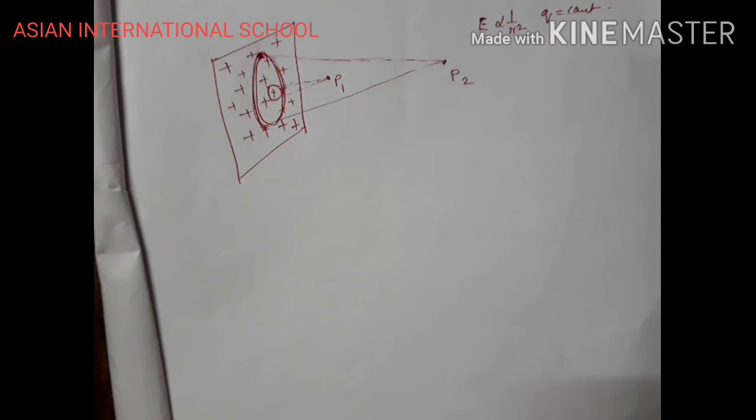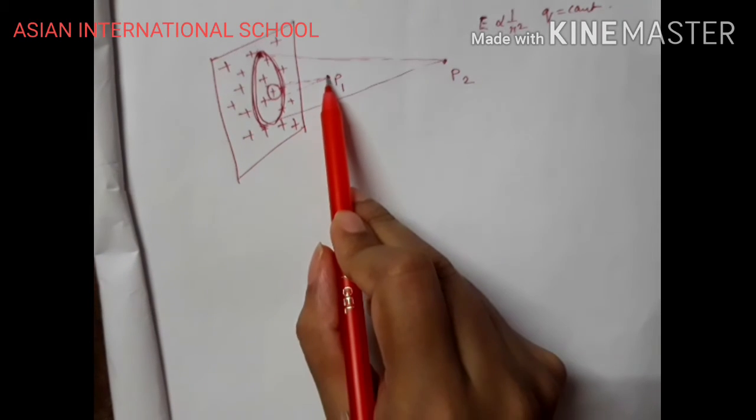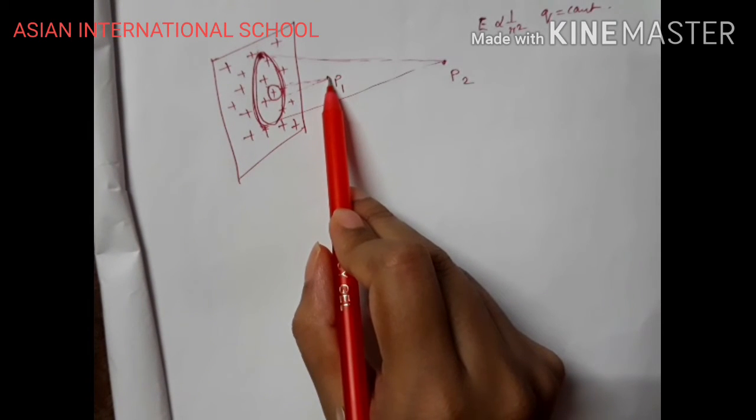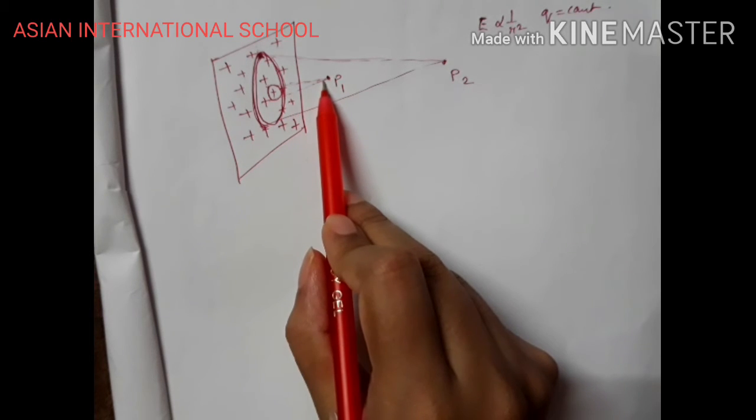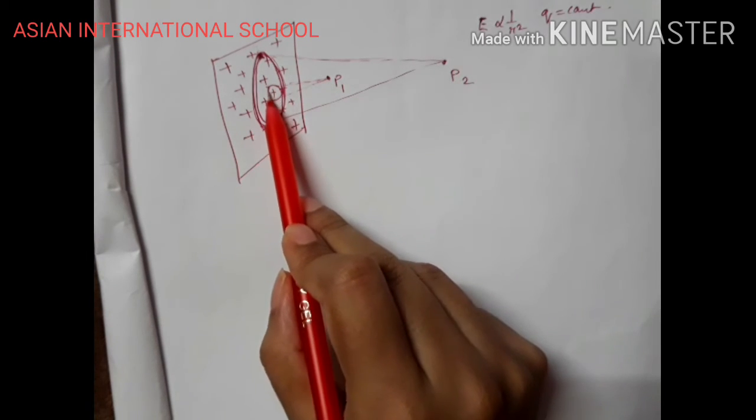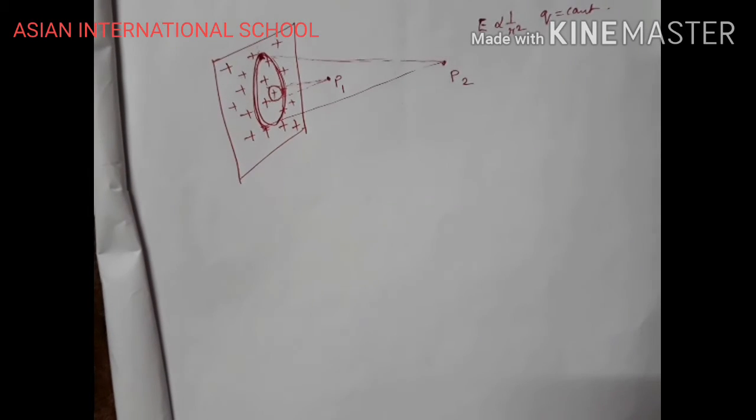Clear why it is being constant everywhere? Here you see the distance is less. So that means electric field should be more. But that amount of electric field is getting subtracted because of less charge enclosed, because charges create electric field.